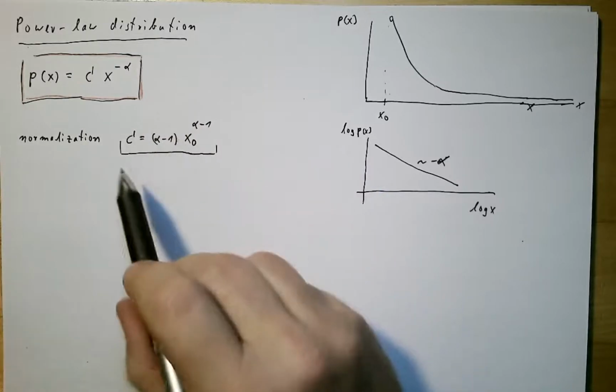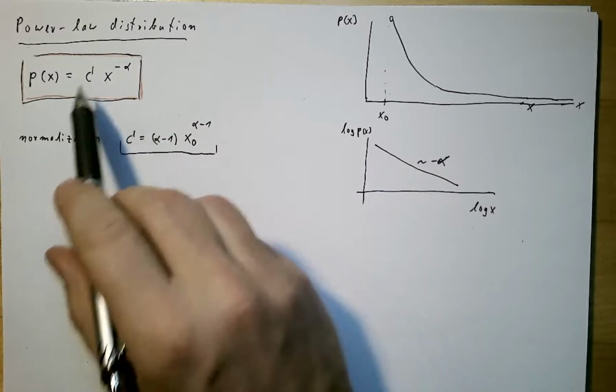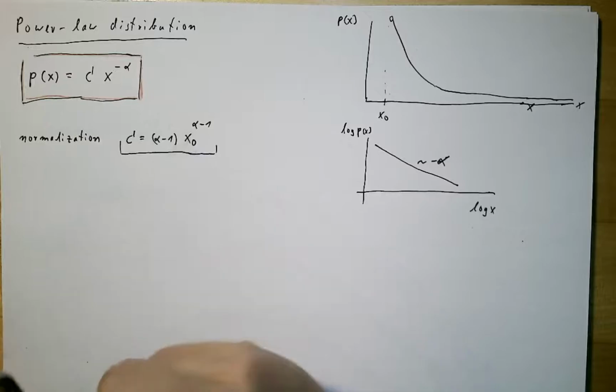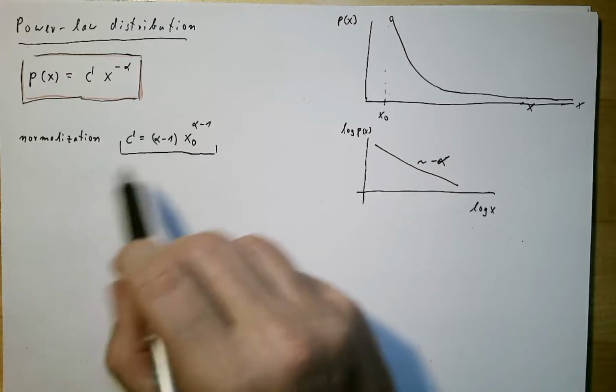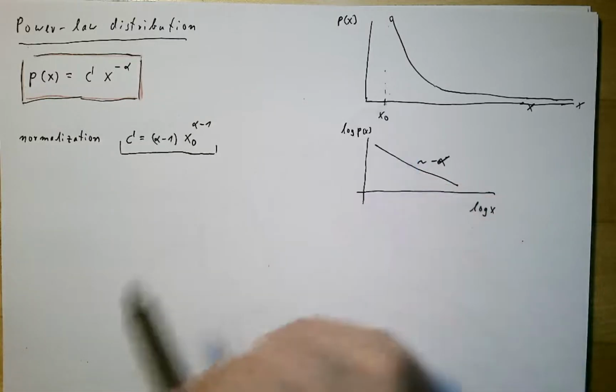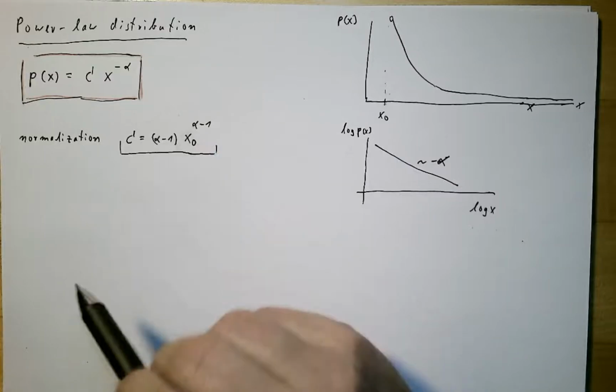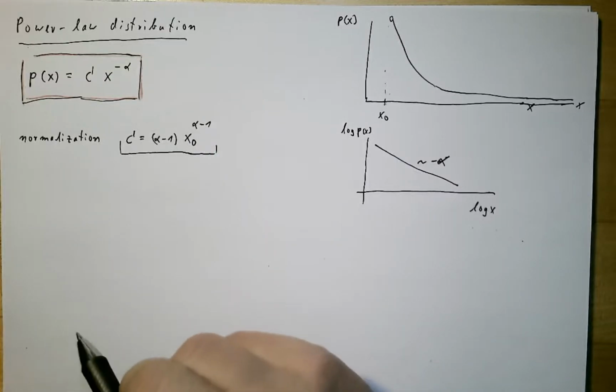This is something I can never remember. I always have to look it up or calculate it myself, but that's just the normalization, which depends on our minimal value and on our exponent.